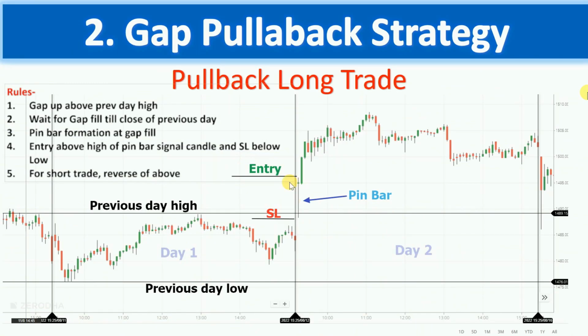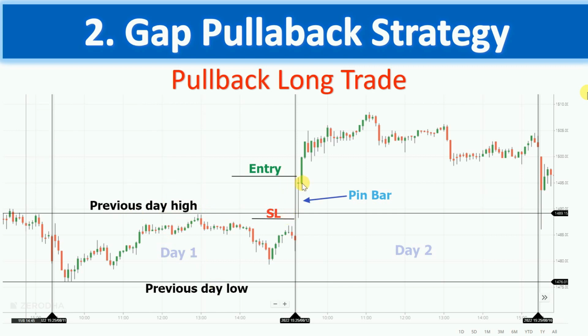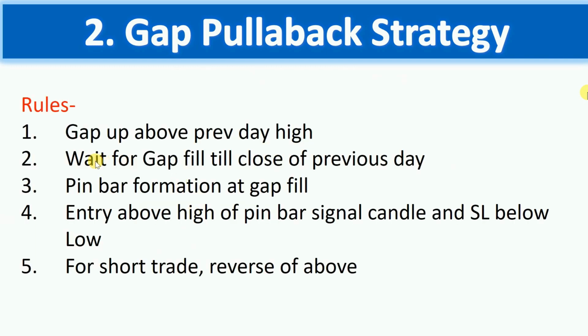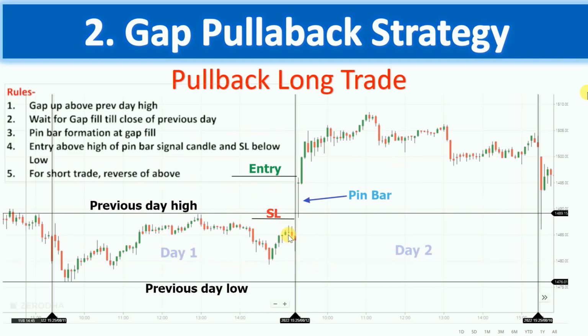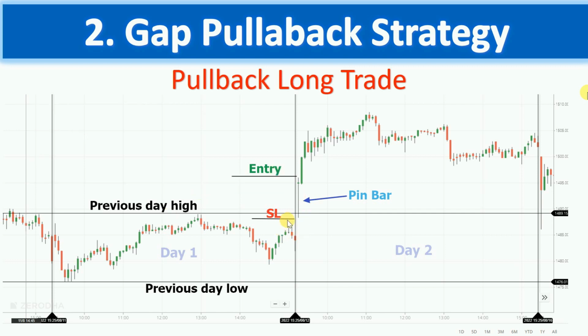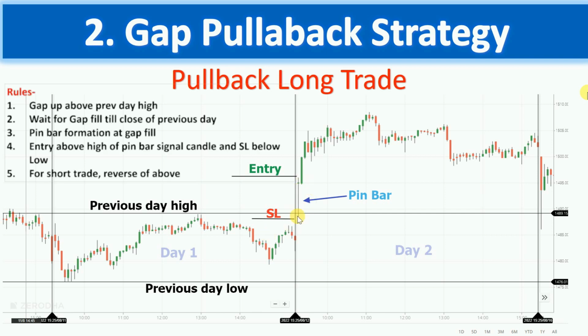So our first point is gap up above previous day high. So this is the day 1 high and low. Prices gap up above previous day high, then wait for gap fill till close of previous day. So we will wait for gap fill till previous day range or the close prices, and there a pin bar will happen.